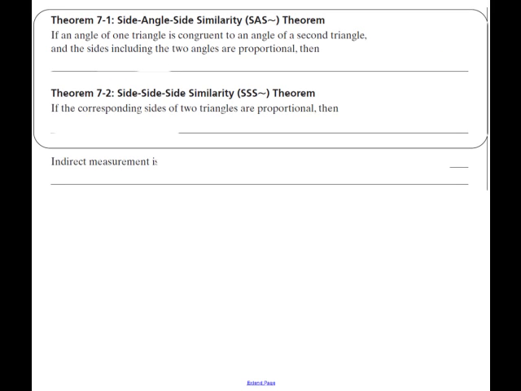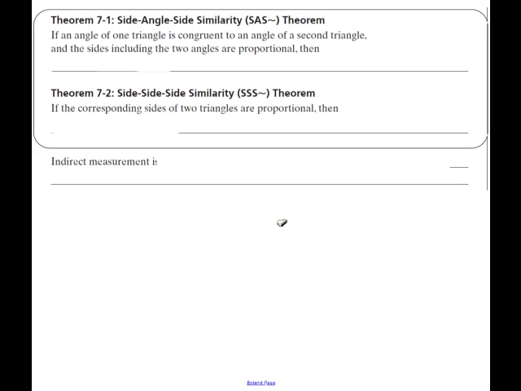So moving on, two more postulates. Well, these ones are theorems, but you get the idea. So side angle side, just like we talked about with congruency, there's a side angle side congruency theorem. There's also a side angle side similarity theorem.